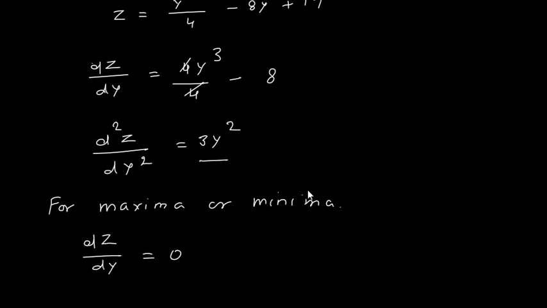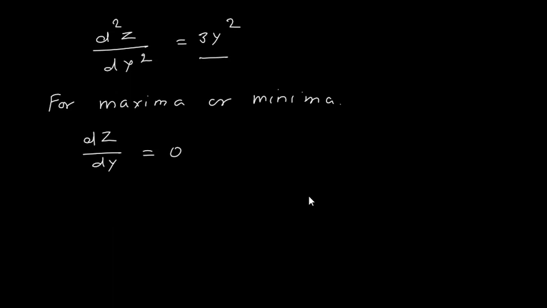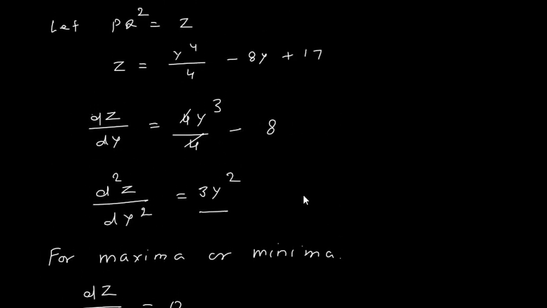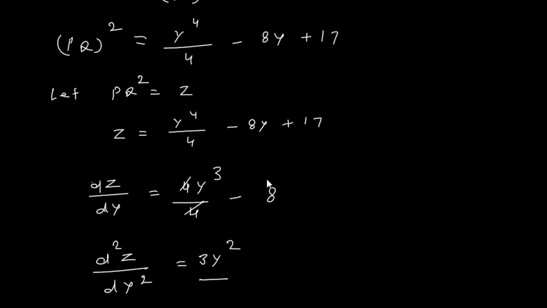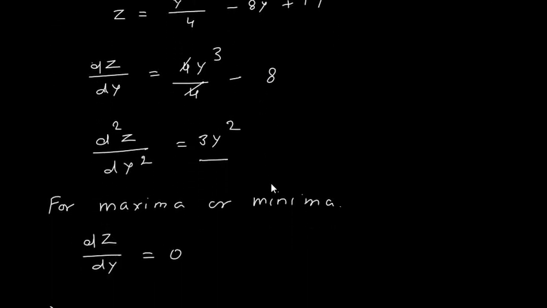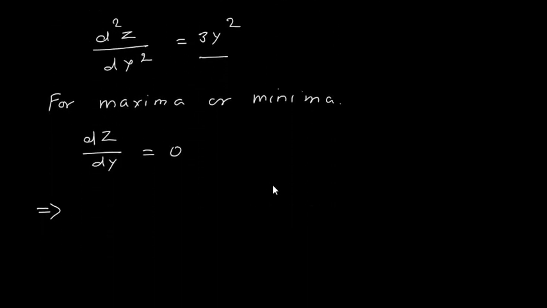So this will give me dz upon dy, as dz upon dy is y cube minus 8. So y cube minus 8 is 0. That gives me y cube is equal to 8. That gives me y is equal to 2.